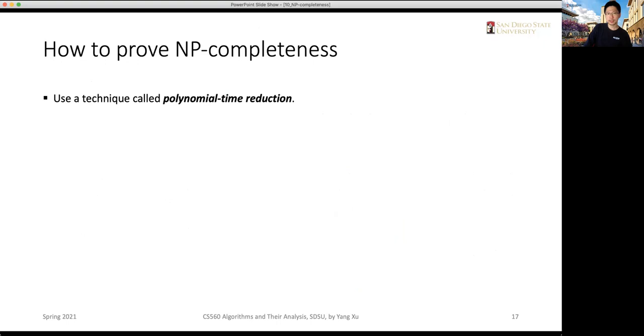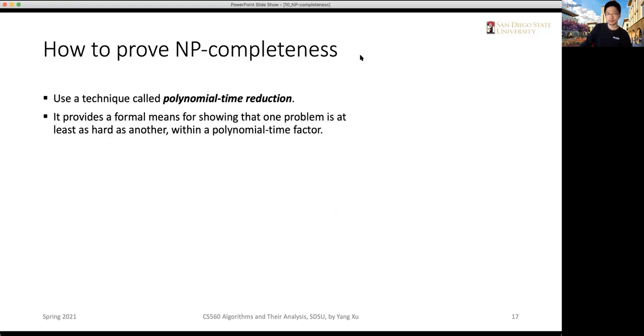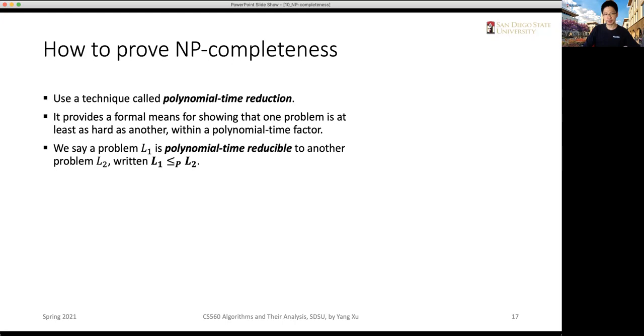It's called polynomial time reduction. It provides a formal way to show that one problem is at least as hard as another one, within a polynomial time factor. We say that problem L1 is polynomial time reducible to another problem L2, and we use this inequality to indicate that.